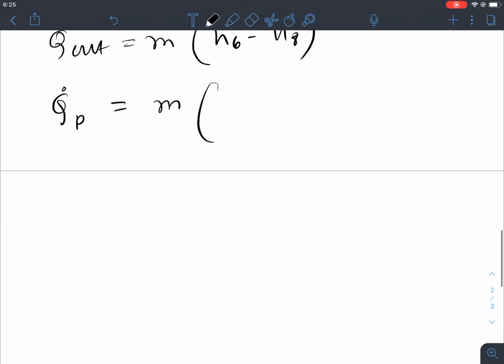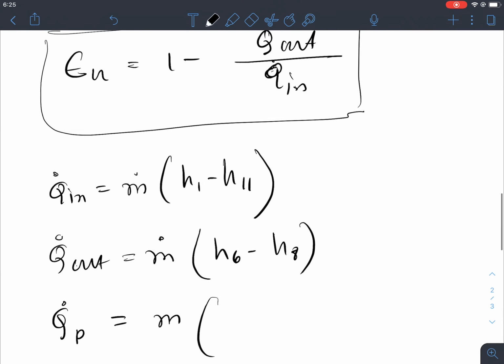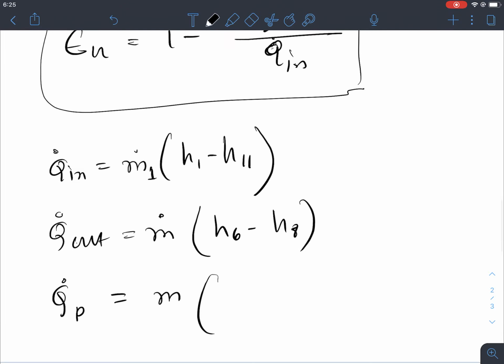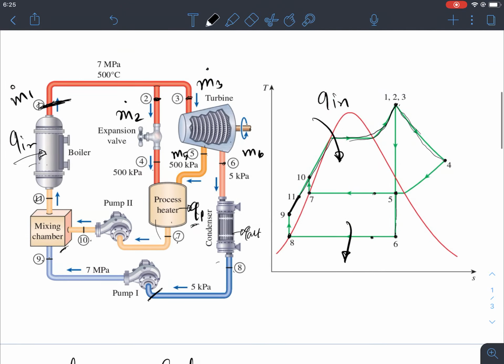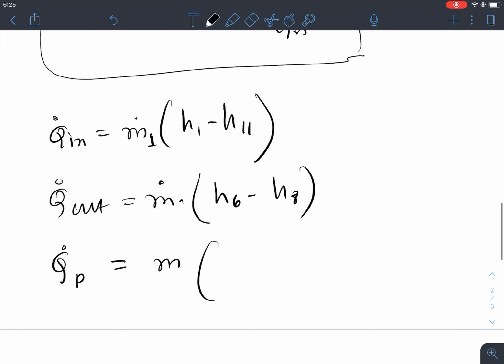So the process heating, this Q in would be M1, Q out would be, which one, this is M6, okay?